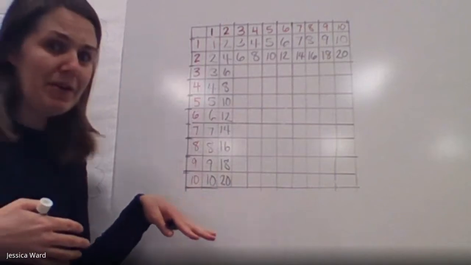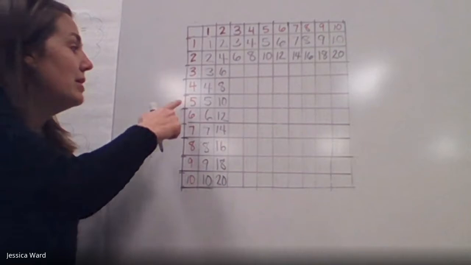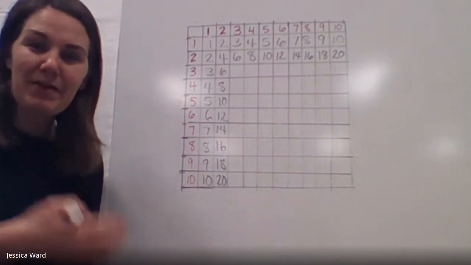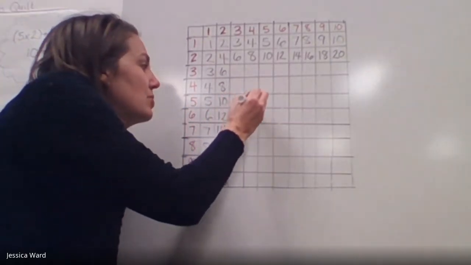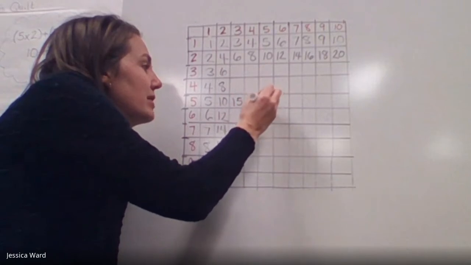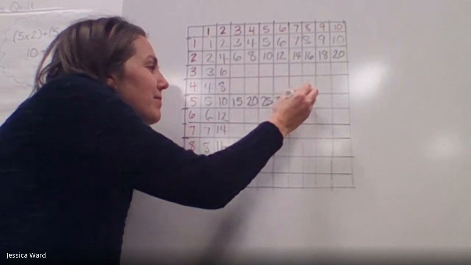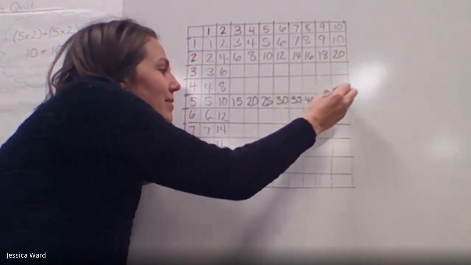We have a fair amount of our chart filled out already, and we haven't even filled out 5s and 10s yet. So let's go ahead and go to 5. Remember, with 5s, we have a pattern of skip counting by 5. So we have 5, 10, 15, 20, 25, 30, 35, 40, 45, and 50.